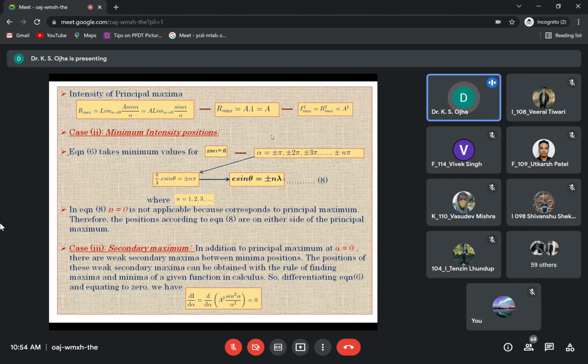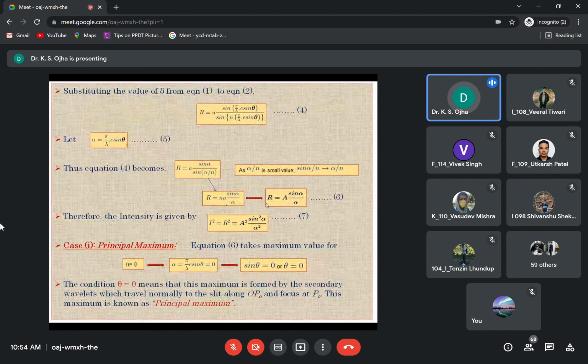The second pattern we get is the minima position. I will show the figure. To find the position of minima from equation 7, alpha equal to 0 represents the position of principal maxima, A is constant, so there is only one term which will give the position of the minima, and that is sin alpha equal to 0. In that case we get the minima.